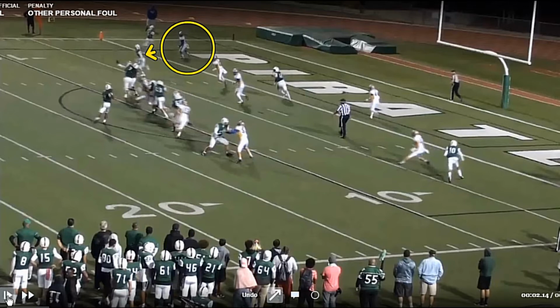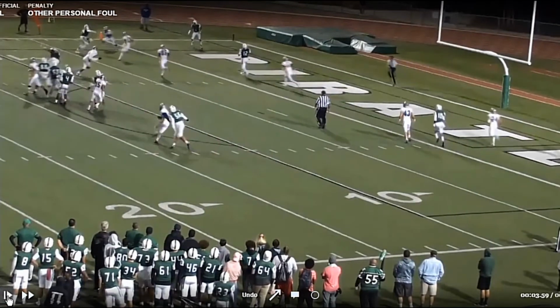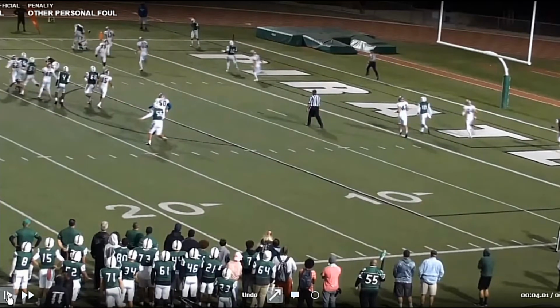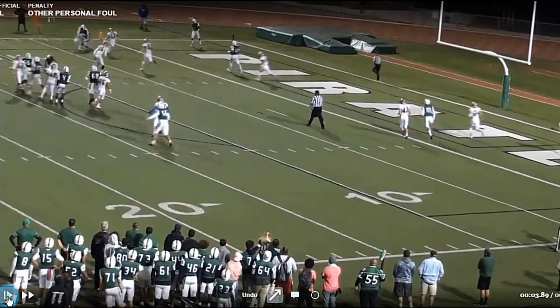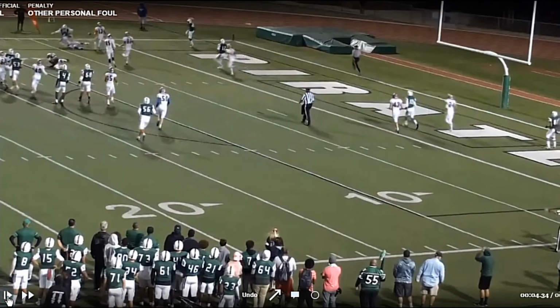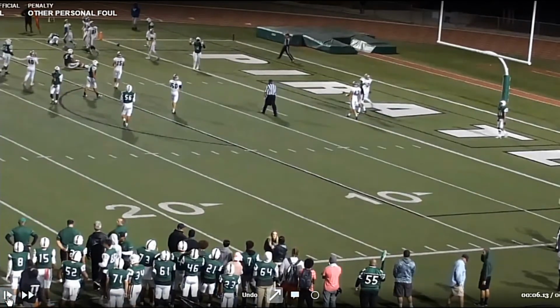He's still in the act of trying to catch that ball. Yes, he misses it, but he's still in the act of trying to catch it. And this defender punishes him straight into the midsection with the helmet foremost. And you can see that the player is hurt. Spearing or excessive contact, there should be a foul on this play, whatever you want to call it.